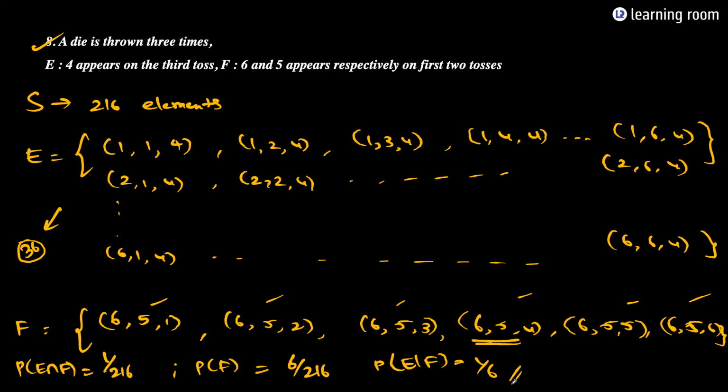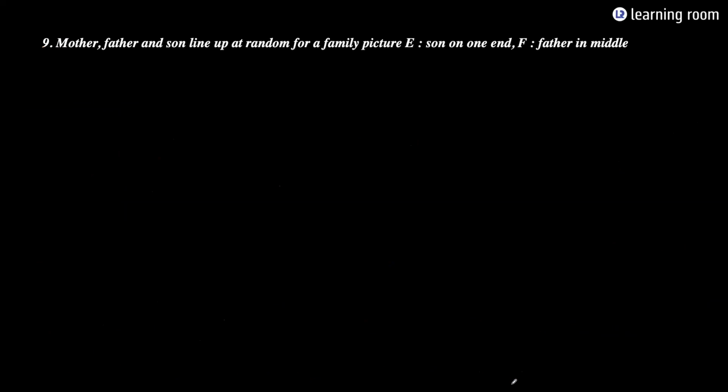So shall we do the next one? Listen. Ninth one. Mother, father, and son line up at random for a family picture. E is son on one end, F is father in the middle. So, how will the sample space look like?